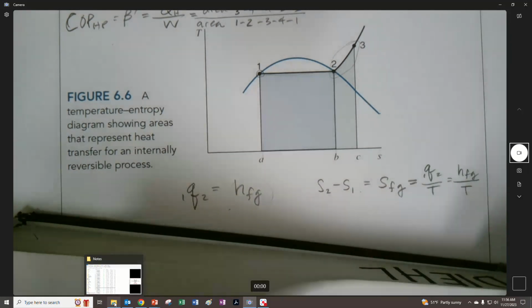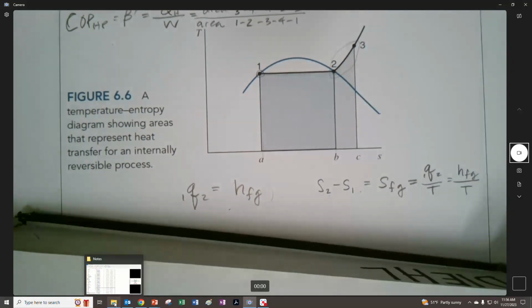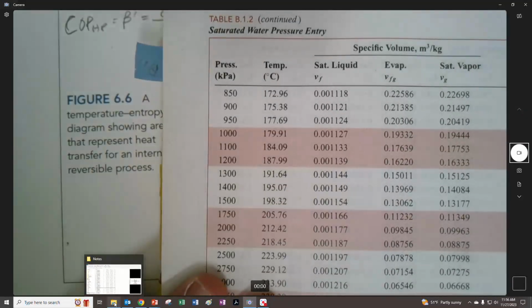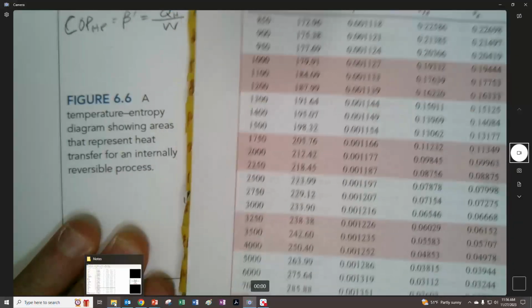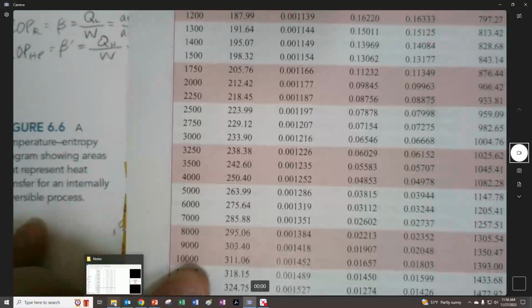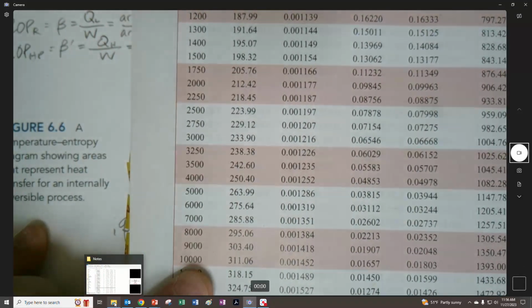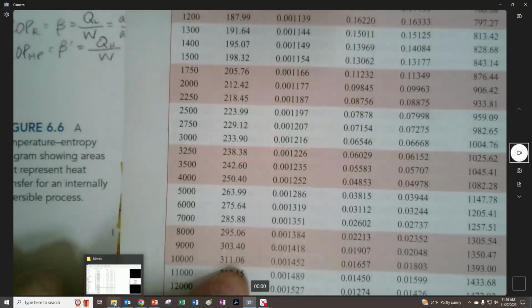So let's take a look at the pressure of 10 megapascals, which should be 10,000 here. So the temperature should be 311.